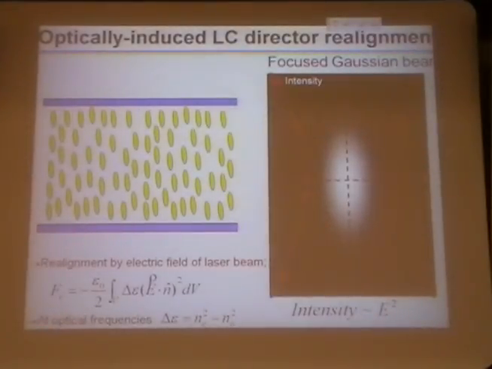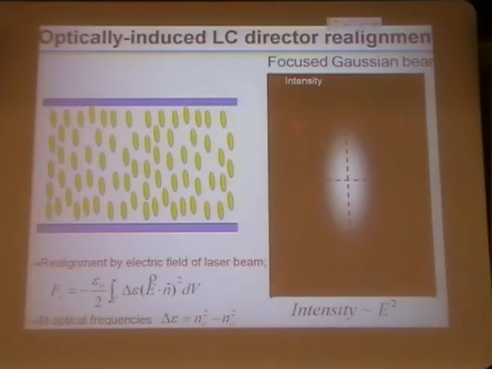Good. So now how about if you have the same kind of a liquid crystal cell, but instead of applying a low frequency electric field, we were to shine a beam of light into such a liquid crystal cell. So obviously in here we have a pretty strong electric field at optical frequencies, right?